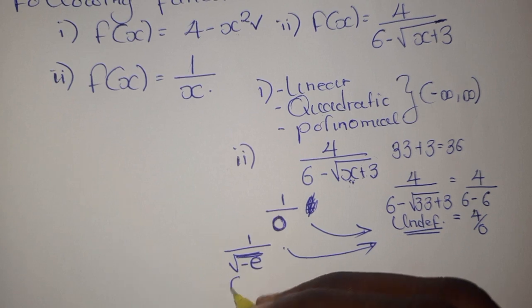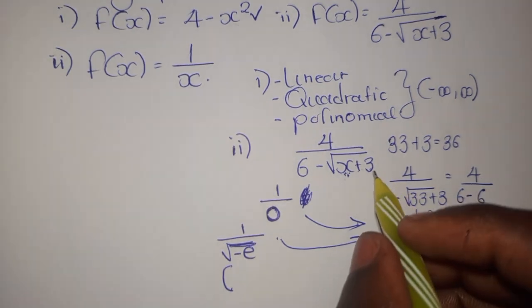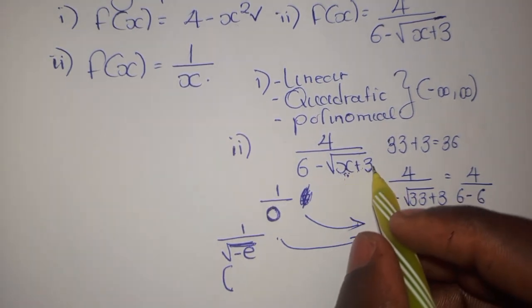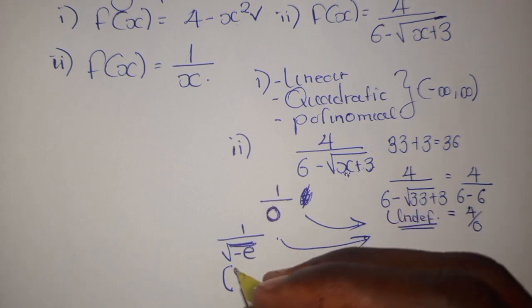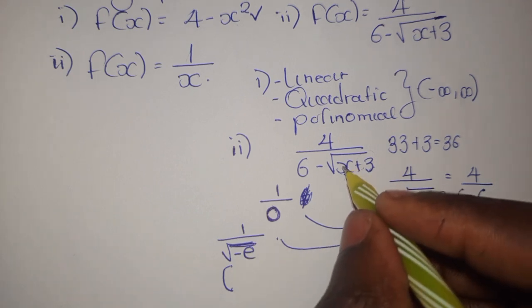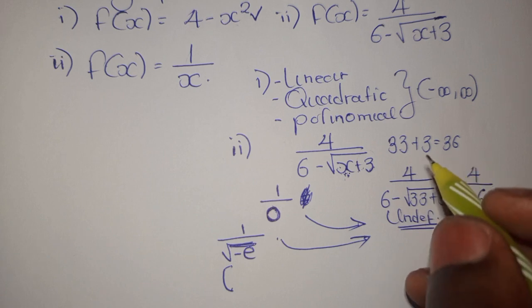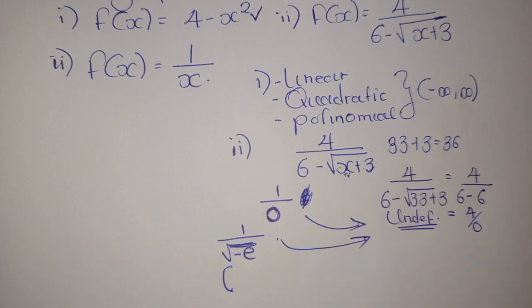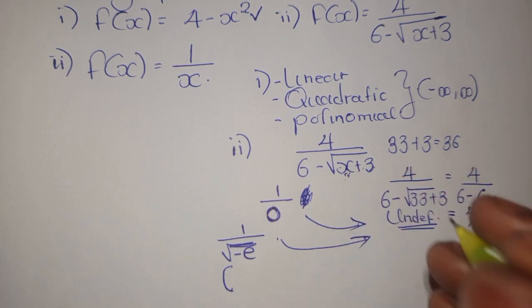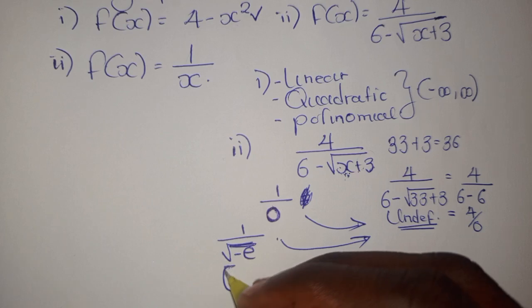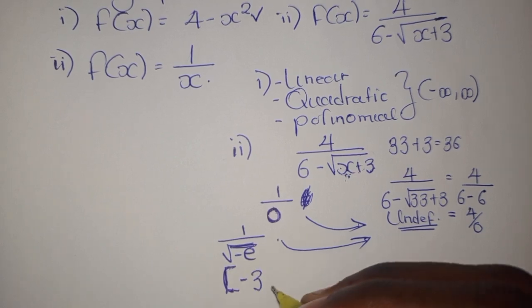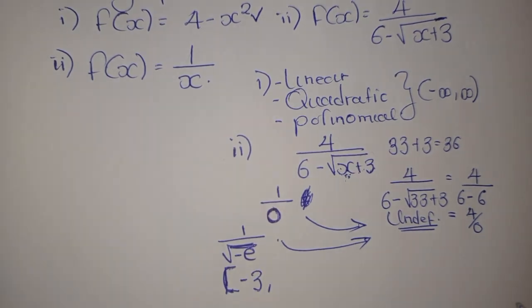So for a defined domain, we will start from, remember, negative 3 will work best, isn't it? Yes. So negative 3 plus 3 will give you 0. And the square root of 0 is still 0. Is 6 minus 0? 6. So we know for sure that if we were to put negative 3, it will still be defined.